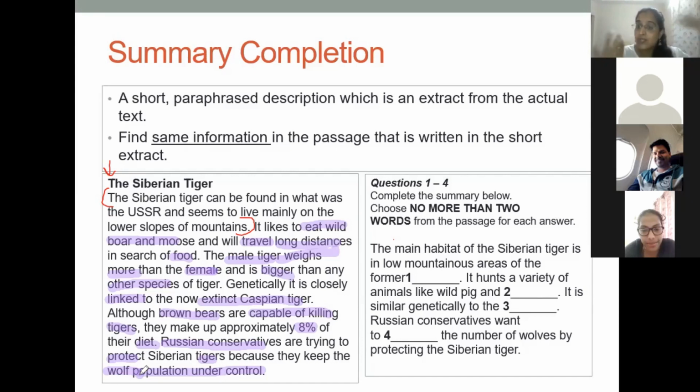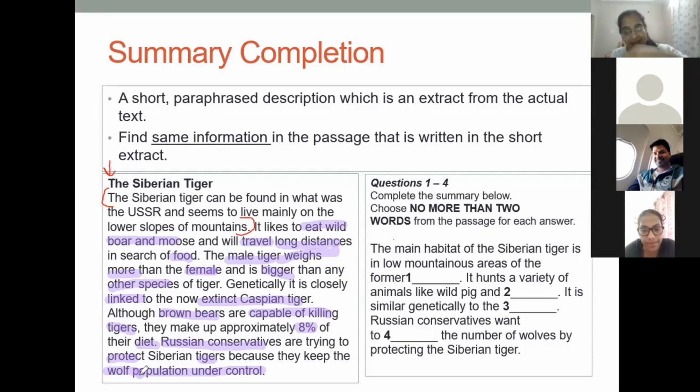Who is protecting these tigers? Russian conservatives. Why? To keep the wolf population under control. So I haven't read the whole text. I am still doing skimming. By reading the first line, I am still able to understand that they're talking about Siberian tigers in the USSR. Context is set. But why am I marking these keywords?